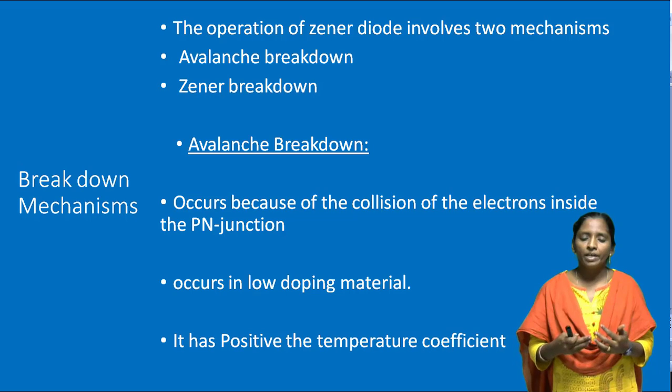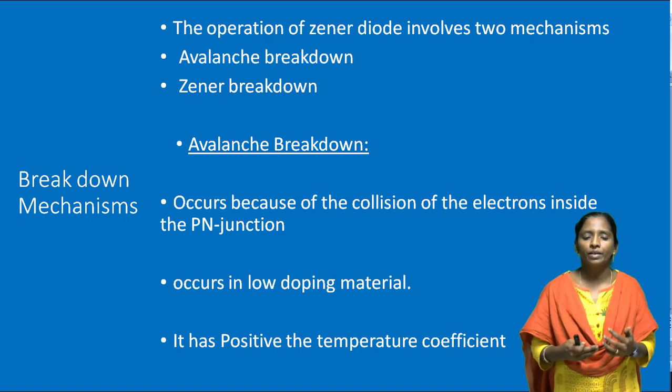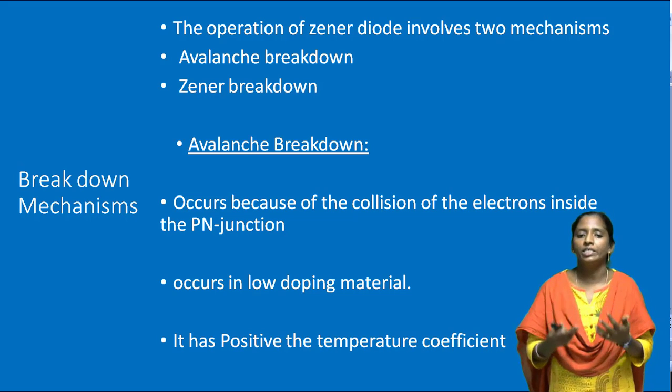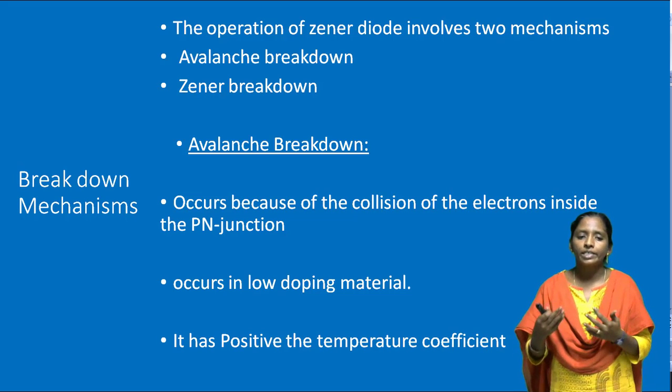This avalanche breakdown generally occurs in low doping material. That means we are adding low impurities to that material. Avalanche breakdown has a positive temperature coefficient. That means if the temperature increases, the value of the resistance also increases. That is called positive temperature coefficient.